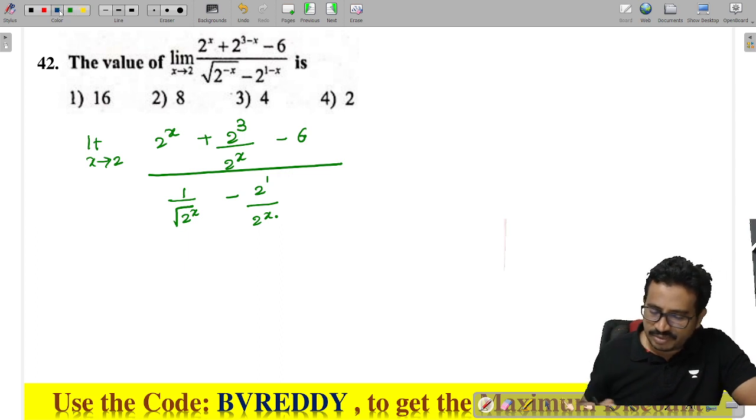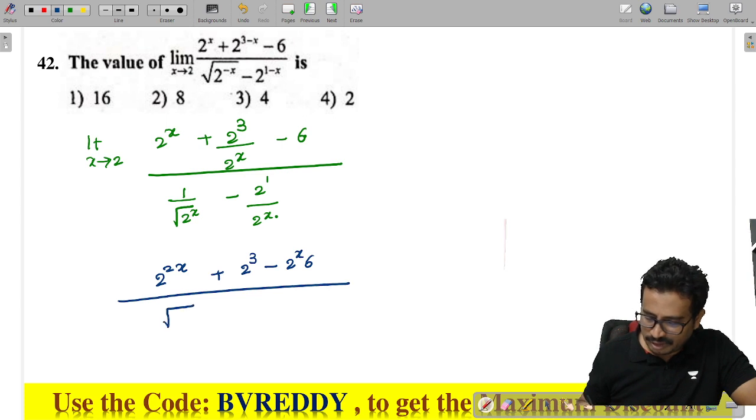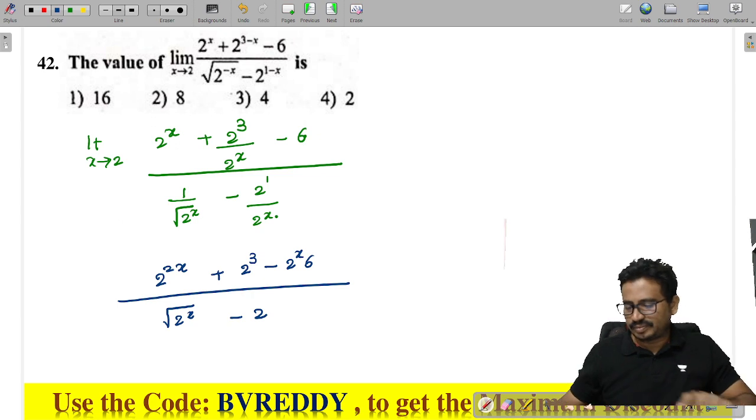Now take LCM and simplify this: 2 power 2x plus 2 cube minus 2 power x into 6, by root 2 into 2 power x minus 2.